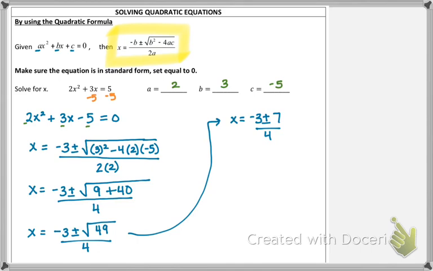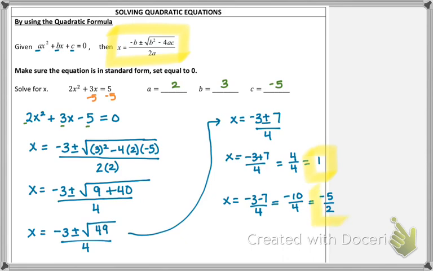Okay, so we have two separate answers. We have x as -3 plus 7 divided by 4. And we also have x equals -3 minus 7 divided by 4. So that first option, that's going to give me 4 divided by 4, which is 1. And then the second option, that's going to give me -10 divided by 4, which gives me -5 over 2 as a fraction.